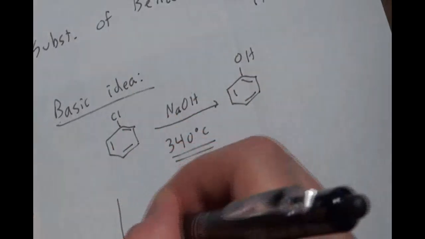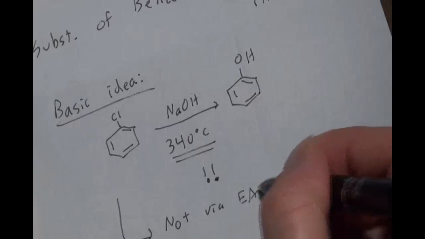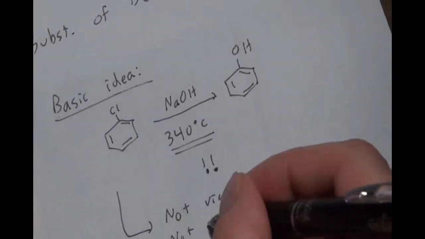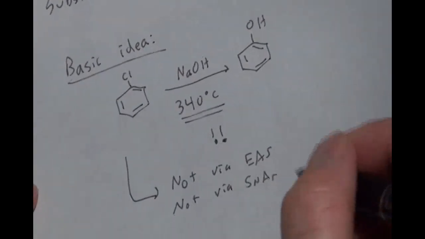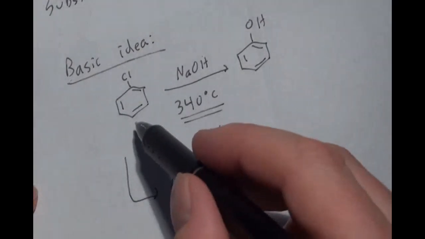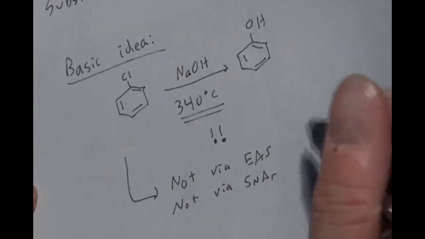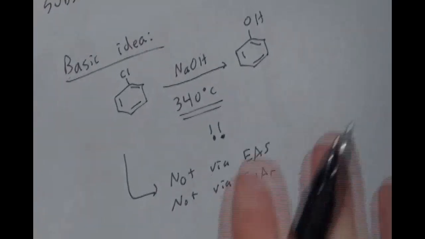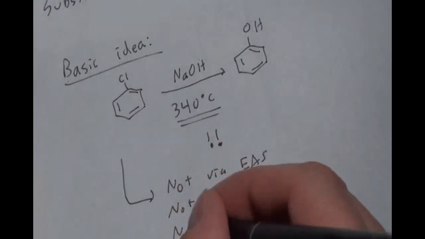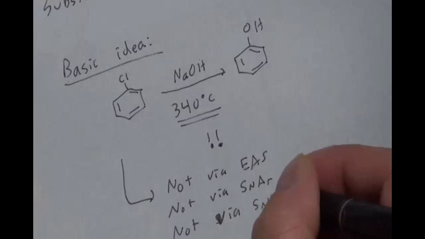So it's not via EAS, it's not via SNAr. Why is it not SNAr? Well, there's no leaving group, so there's nothing to accept the charge on the other side of the molecule. So it's not EAS, it's not SNAr. What else is it not? It's not SN2. Why is it not SN2?